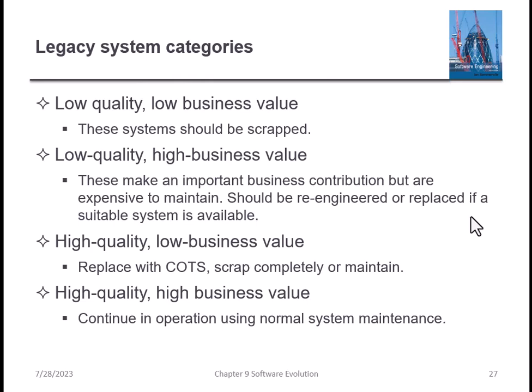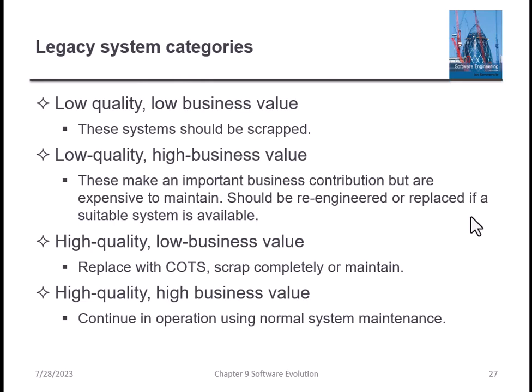The second option is that the legacy system is low quality, but it has a high business value, or we can say the business which uses the legacy system is of high value and needs to demand a change, but the system is of low quality. So what do we do?